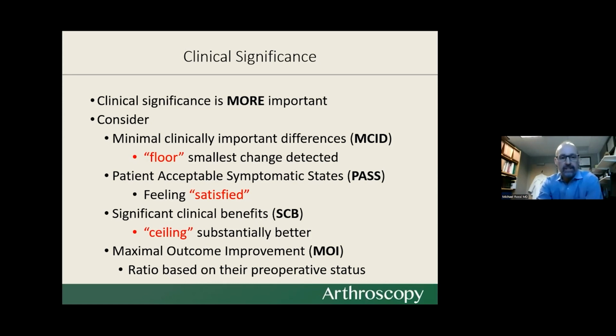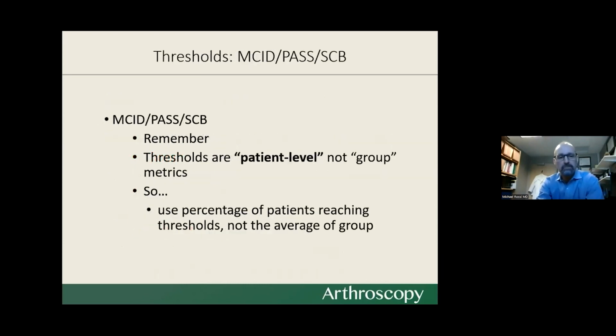Then there are other parameters such as maximal outcome improvement, which are ratio based on their preoperative status. But most importantly, the authors need to remember that these thresholds are patient level metrics. They are not group level metrics.